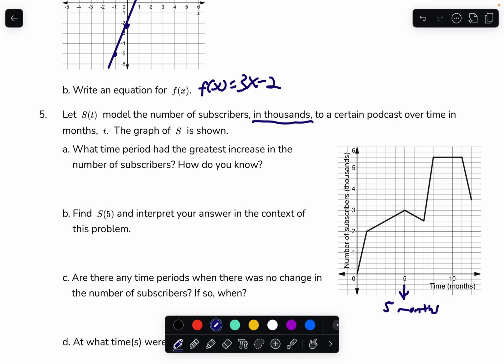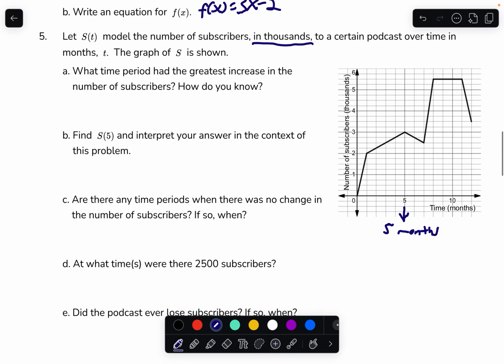What time period had the greatest increase in the number of subscribers? Okay, what time period? So we look at this, we see the increase in this region right here is you go up 2 to the right 1, so that's 2 over 1, so that's a slope of 2. This increase in this region right here is you go up 1,000.